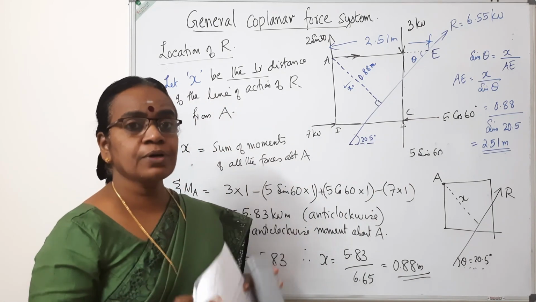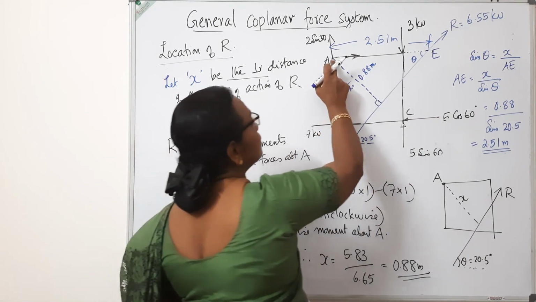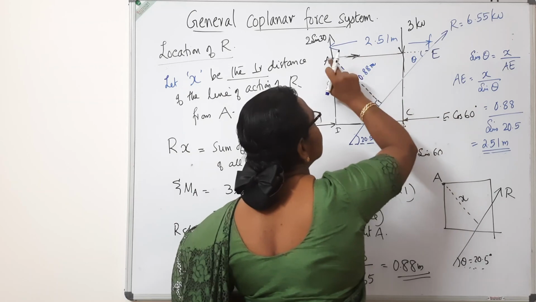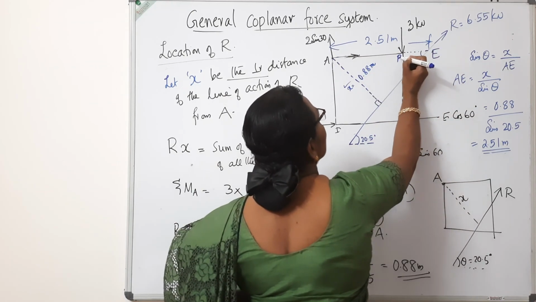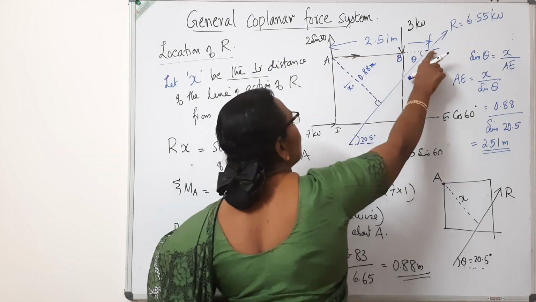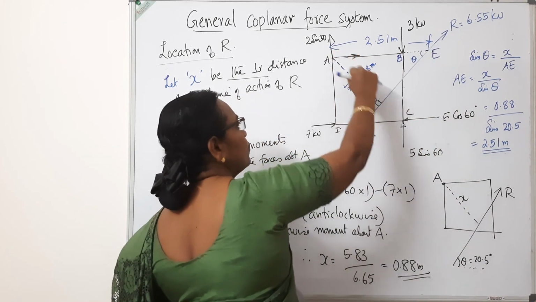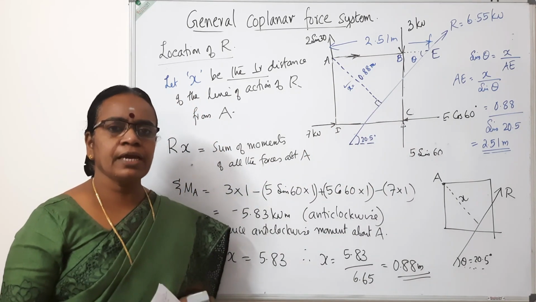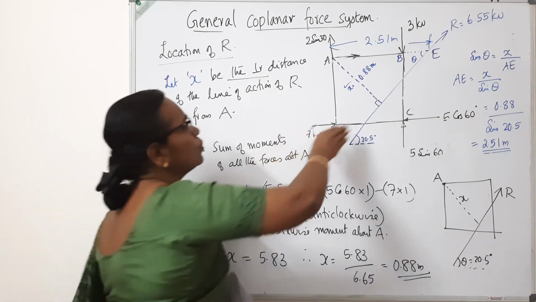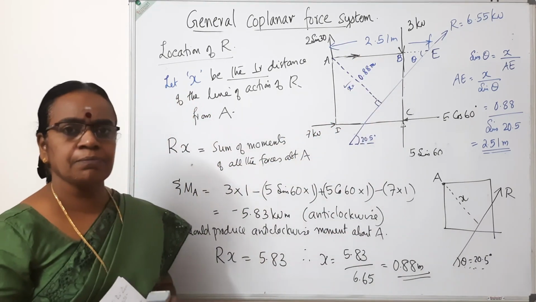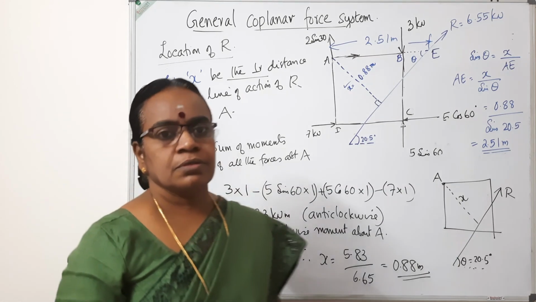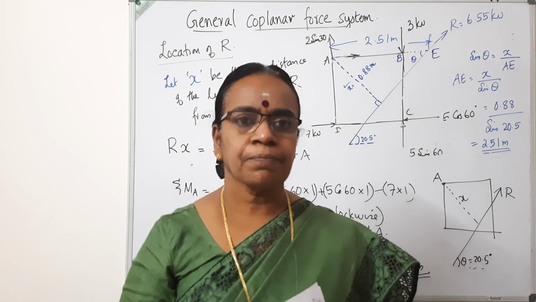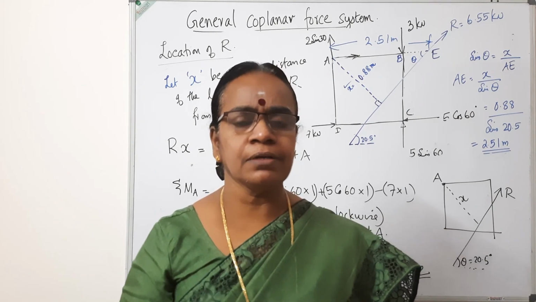If you want to make it more clear, we can write down that the point of application of the resultant is 2.51 meter along AB, 2.51 meter from A, or we can write the line of action of the resultant is at a perpendicular distance of 0.88 meter from A, and it is below A. And you just show it in the figure. With reference to the figure, everything will be clear. So that is the first numerical example on general coplanar forces. We'll have one more numerical example in the next video.